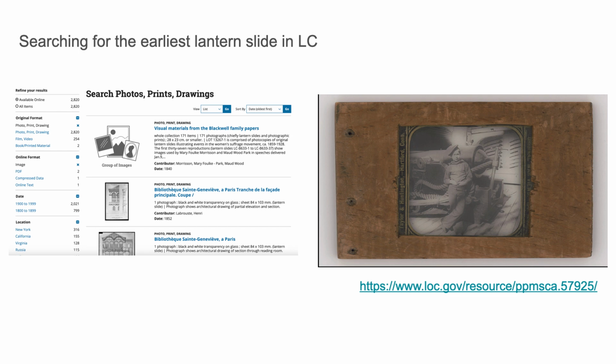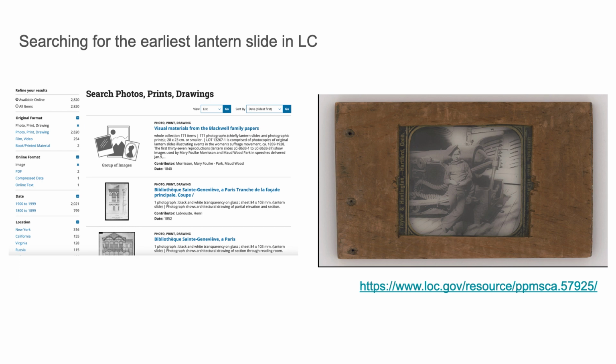So we looked at the earliest design for a lantern slide, but what is the earliest lantern slide that actually appears in the Library of Congress? And I believe it may be this image of a young Union soldier, this child in military uniform, which, according to the bibliographic record for this lantern slide, dates to sometime between 1860 and 1870.